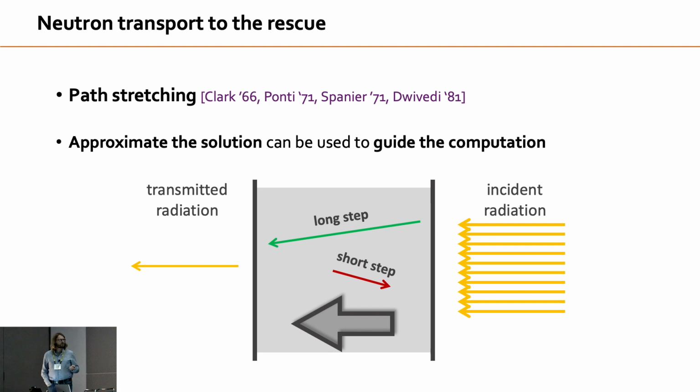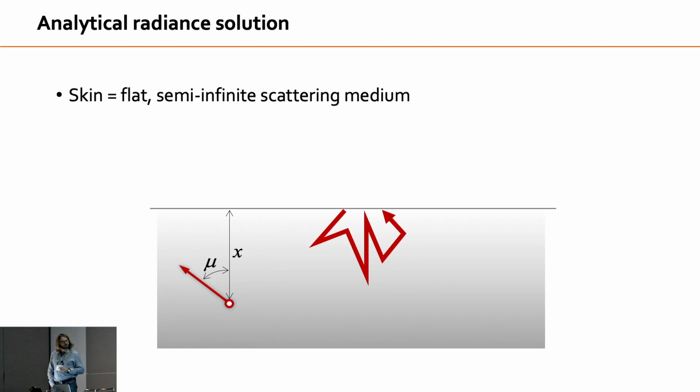And so they modify the simulation such that when the particles are making a step forward, the step would be longer, and the steps of the particles on the way back into the reactor would be artificially made shorter. And by that, you can make sure that more of these particles make it through, and you have a better estimate. Now, how is this all related to skin rendering?